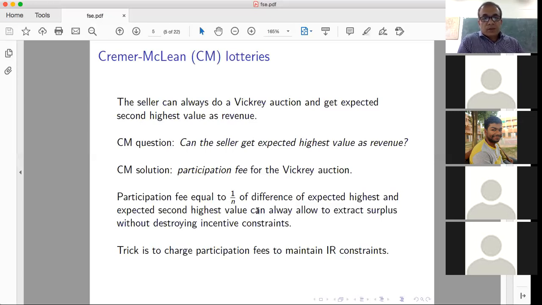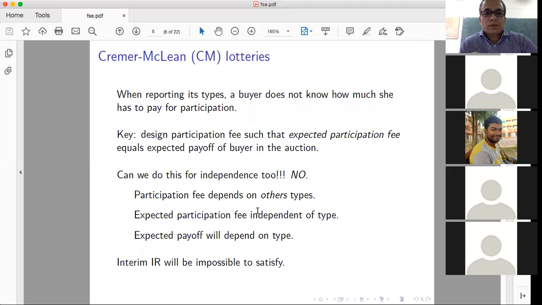So the question is, is there a more sophisticated participation fee that we can impose such that the IR constraints are also satisfied? That is the innovation of the Kramer-McLean lotteries. Any questions? Great.